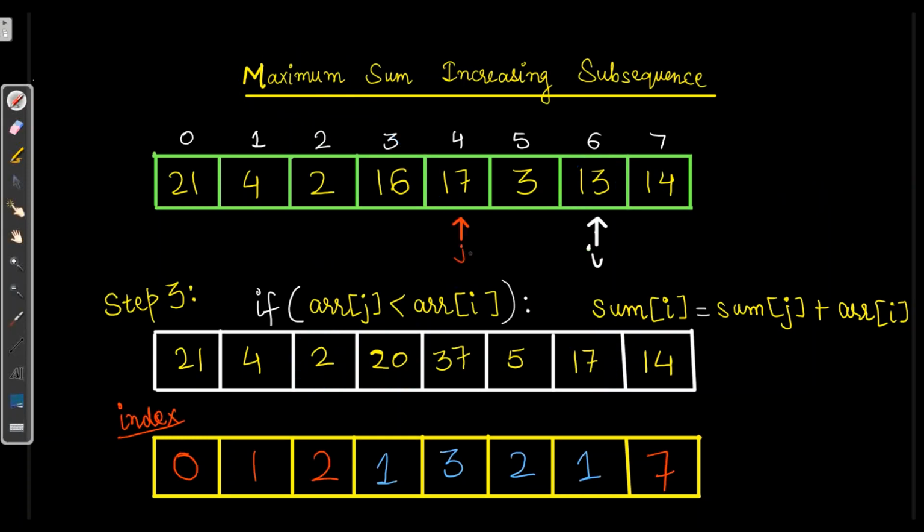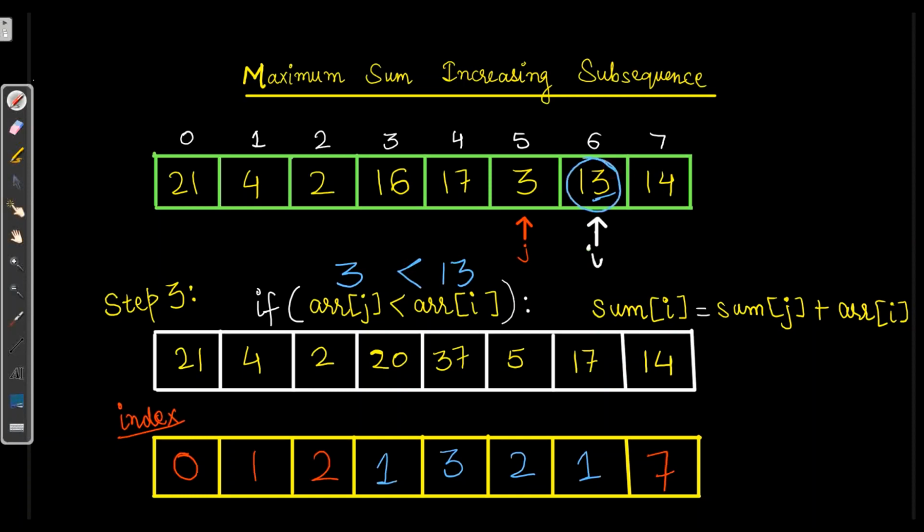And j will be iterating further. Here we have 17 value. So I'll check whether 13 is greater than 17. No. Then again for the next iteration, here we have 3 value and here 13. Now I will check whether 13 is greater than 3. Yes.